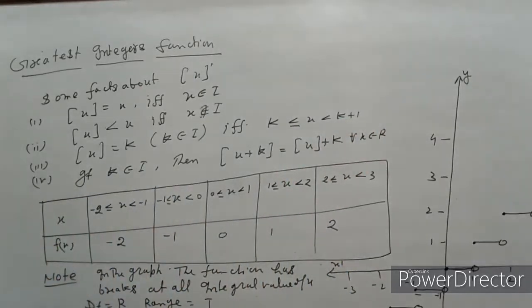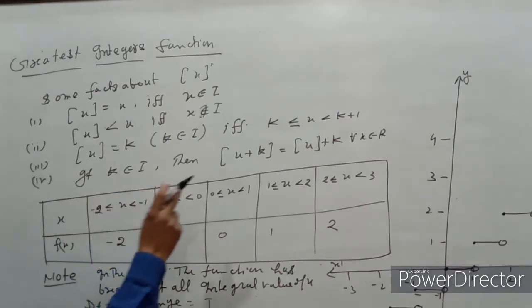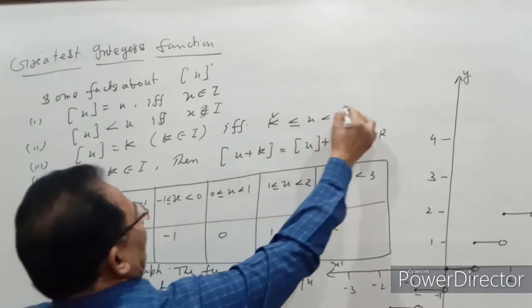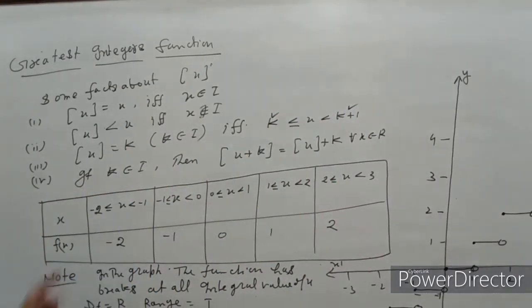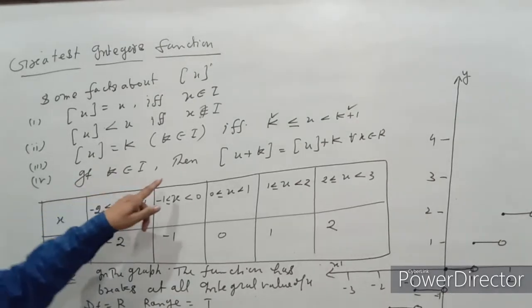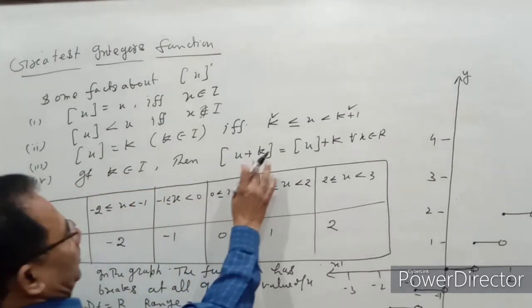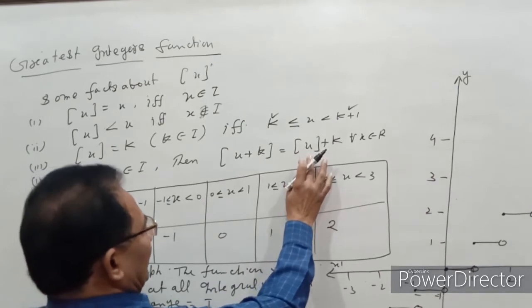So in this case the value of x lies between k and k plus 1 where k is an integer, or if k belongs to I then x plus k, that is x or plus k.